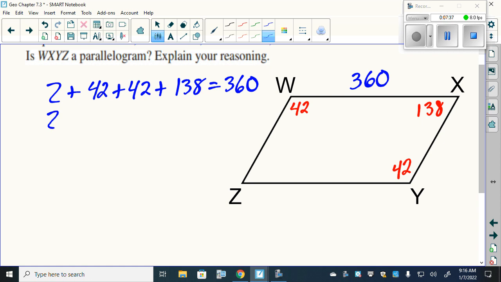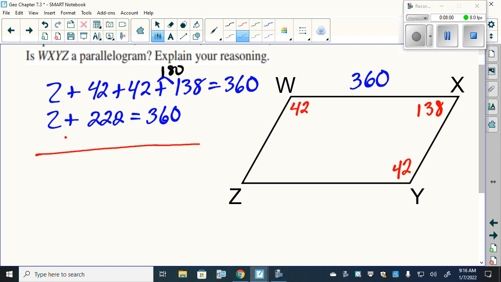The first thing we can do is add our like terms. 42 and 138 would be 180, and 180 plus 42 is going to be 222. Now from here we can subtract 222 from both sides, telling us that Z is 138 degrees.